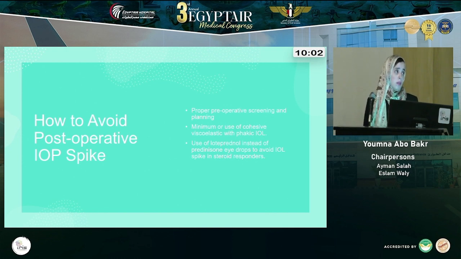The take-home message in any refractive surgery patient, again and again, is proper assessment, proper preoperative planning, and proper measurements, especially in phakic IOL patients, so you don't have a largely sized phakic IOL. The use of minimum steroids or alternative steroids to prednisolone will avoid most of the problems that we face.